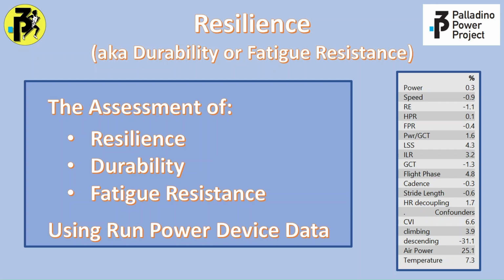The other report compares the last third of a run or race versus the first third. And what we look at is the percentage of difference at the end versus the beginning, or the second half versus the first half.